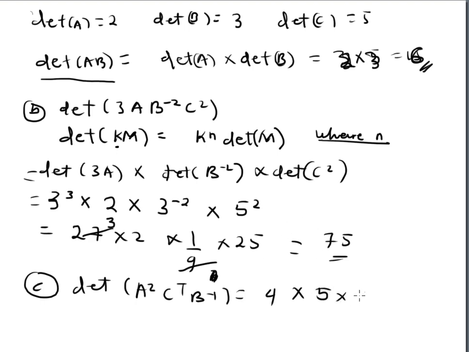And similarly, B to the negative 1 gives us 1 on 3, since the determinant of B is 3. So we get 4 times 5 times 1 on 3, which is 20 on 3.